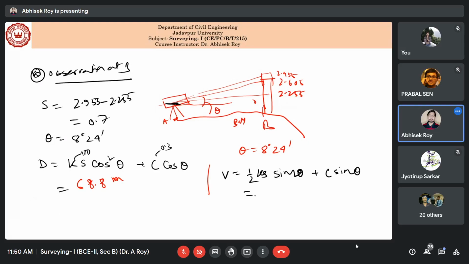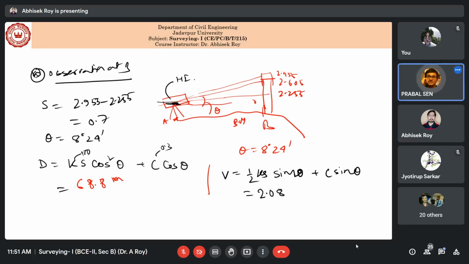So calculate here also V. V is 0.087. 0.087 meter. Okay.